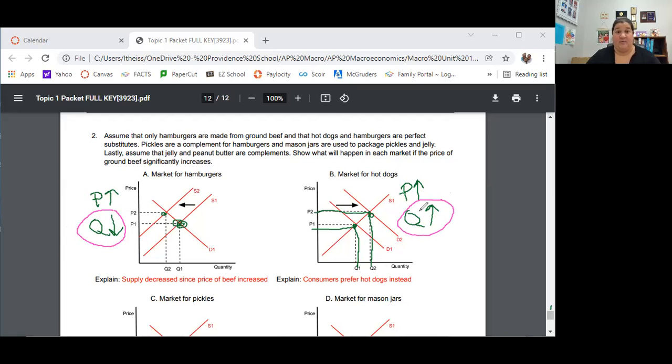So when it asks what happens to price and quantity with this double shifter, price for sure increased. Why? Because the price for both supply and demand curves increased. But my quantity is indeterminate because in one instance quantity decreased, in the other instance quantity increased. So that's how you can tell what the situation is.